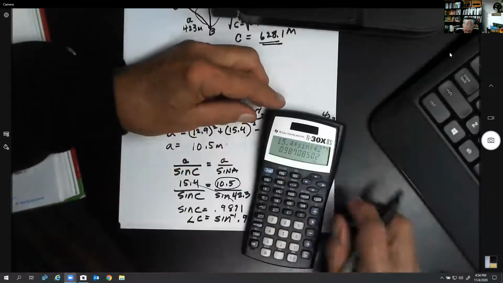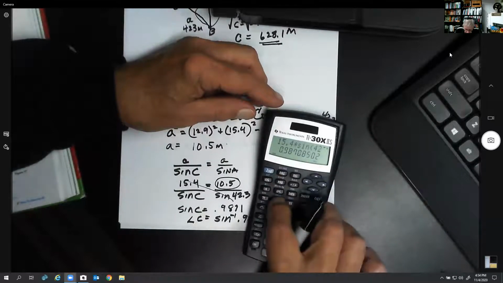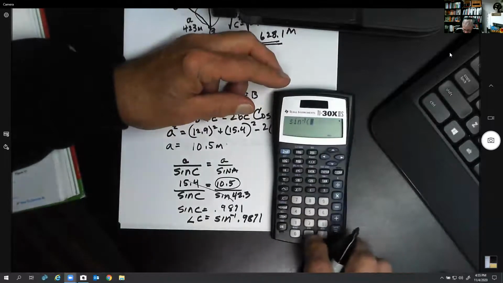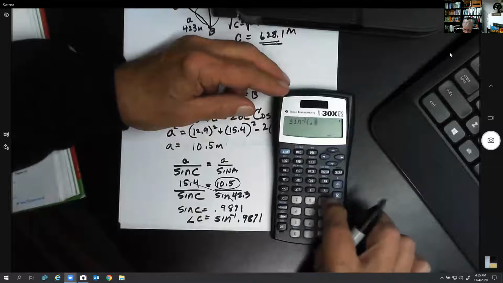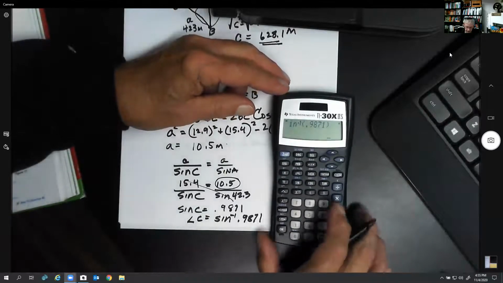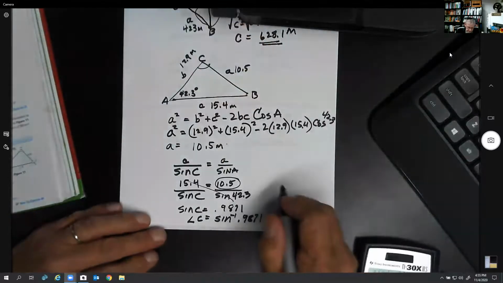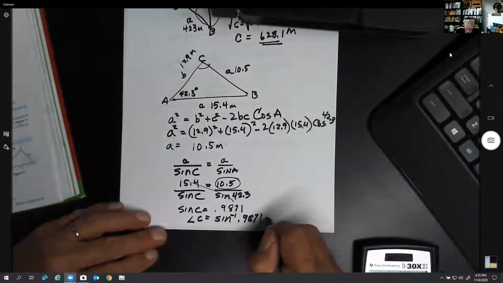So I have to hit second sine 0.9871, parentheses, equals 80.78 or 80.8 is what I come up with.